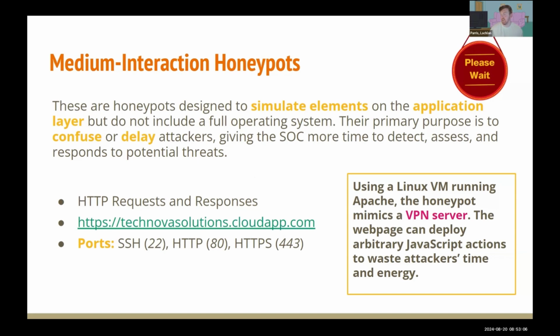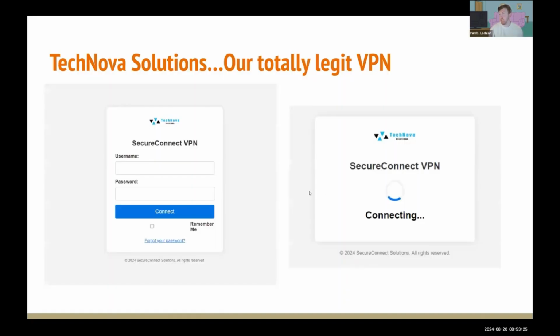We were experimenting with arbitrary JavaScript commands to waste more time and create more stressful situations for the user side of things, like an infinite hashing loop and the refresh button, so it would mash it a bunch of times. Here's what it looks like. Although if someone does want to legitimately look up the website, they can. You would just put in an arbitrary username and password, and it would waste someone's time. Mostly mine, but someone's time.